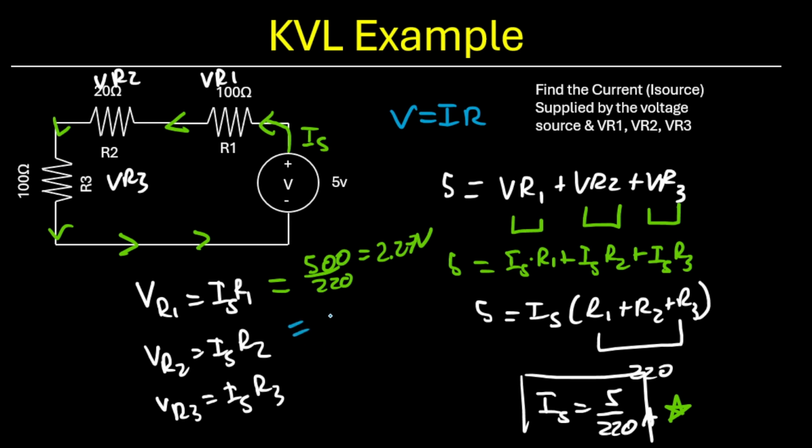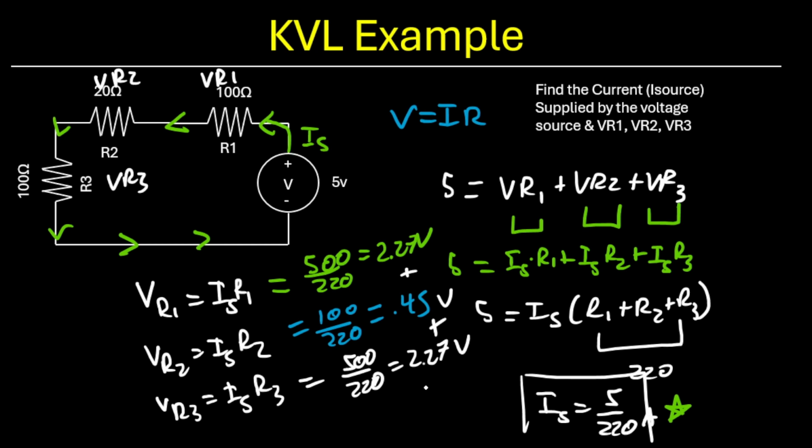Okay, VR2 equals 100 over 220, which is roughly 0.45. And then VR3, again, equals 500 over 220, or 2.27 volts. Now, you'll notice if you sum all these up, they all equal roughly 5 volts. So this is a good way to check your answers after you get values, just to make sure, hey, I did actually do that right.